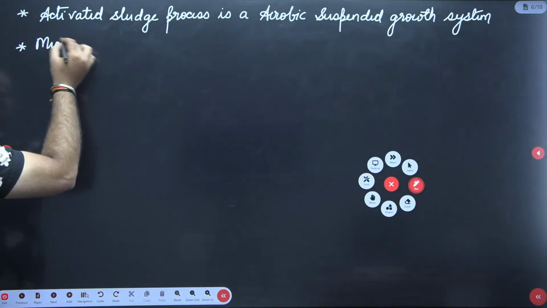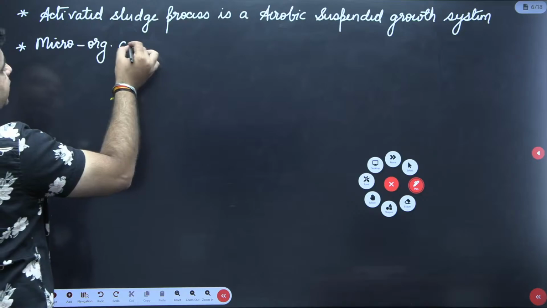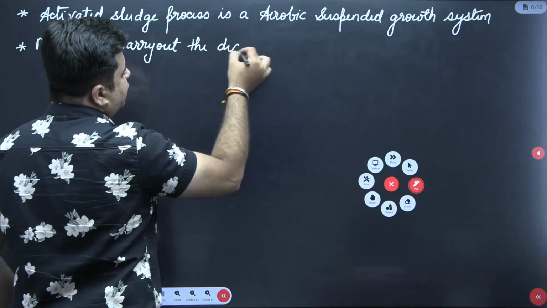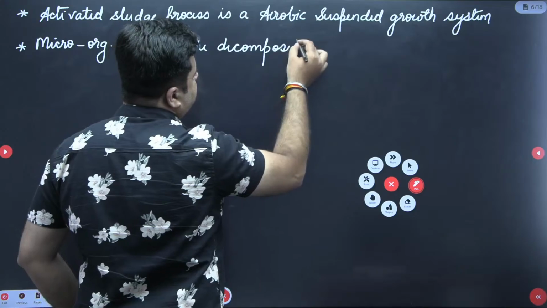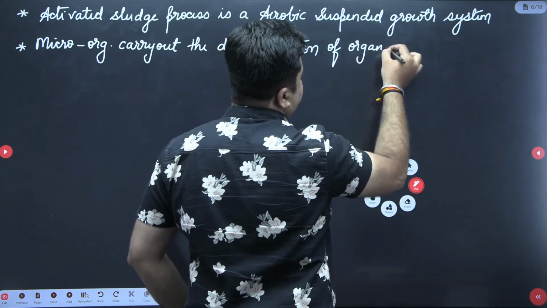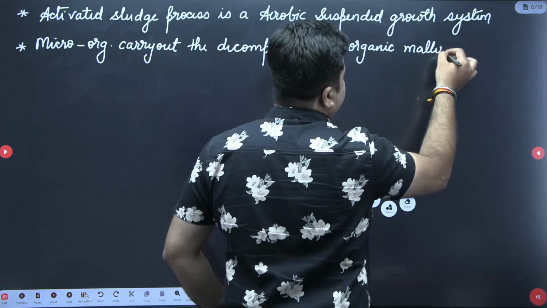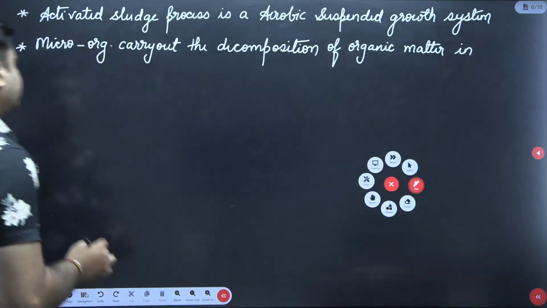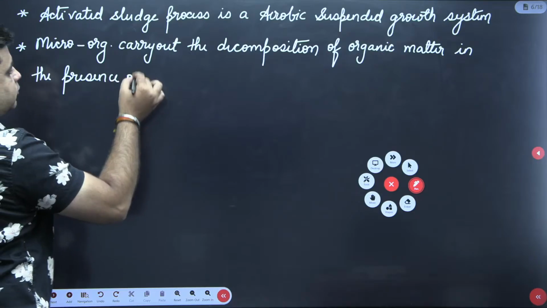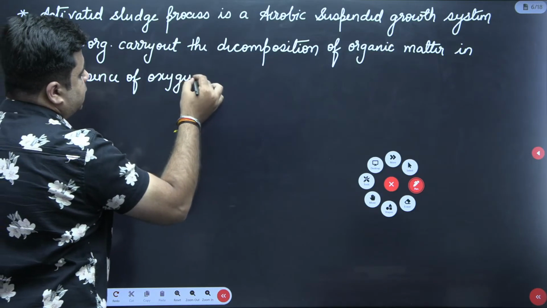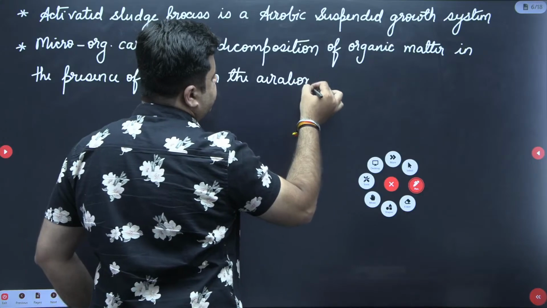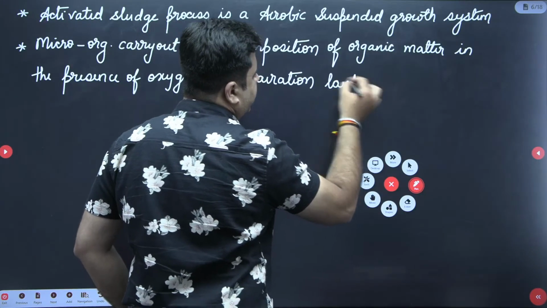Microorganisms carry out the decomposition of organic matter in the presence of oxygen in the aeration tank to form biomass.